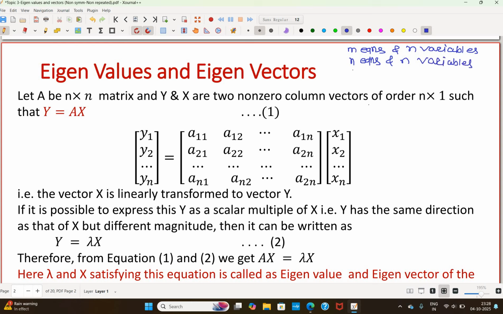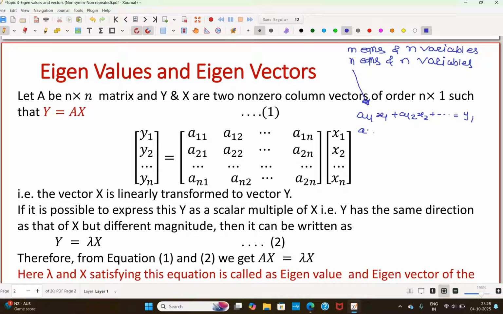Now this particular system is represented in this pattern: a11 x1 plus a12 x2 and so on till xn is equal to y1. By means of all of these xi's, we are going to get the y1 value along with the coefficients.